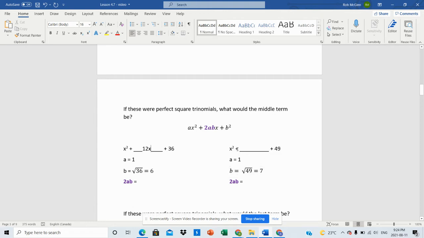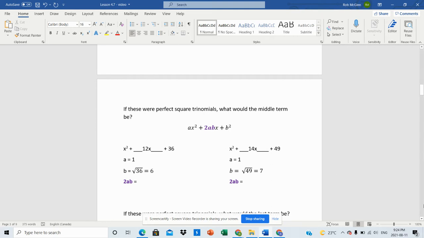Once again, we're looking for the positive square root, and we see that from the positive sign here. So the square root of 49 is 7. So now, to find the middle term, we're going to do 2 times 1 times 7, which in this case is going to give us 14x.